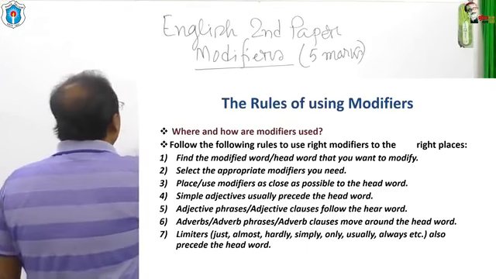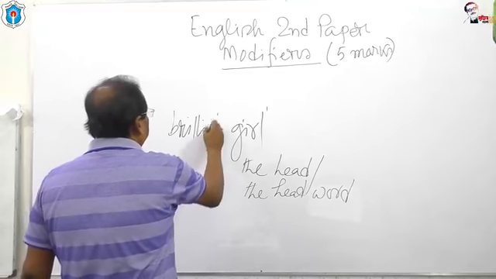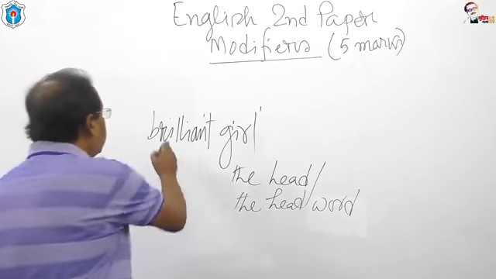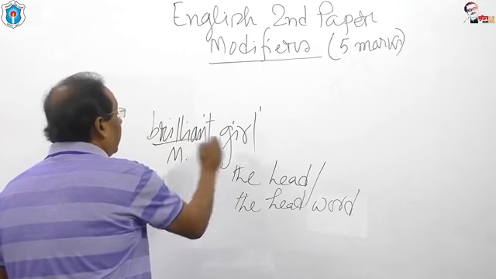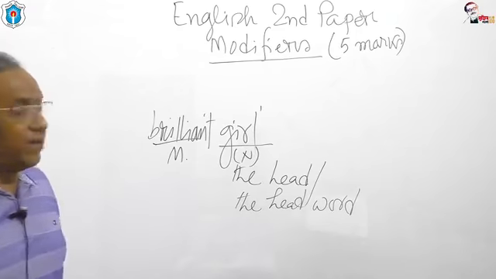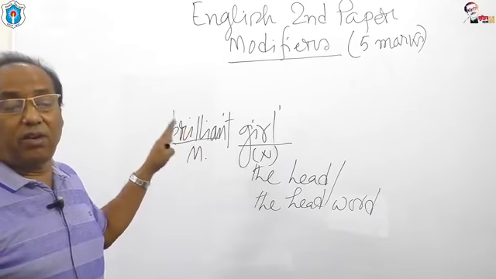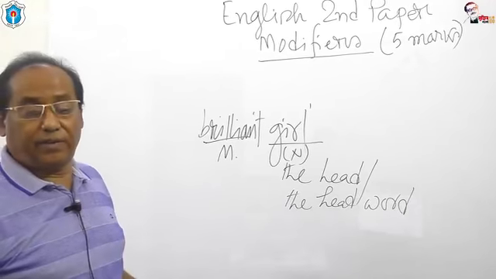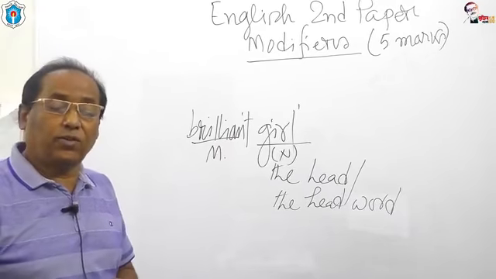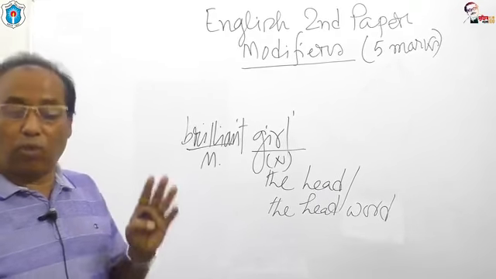So here we can use brilliant. Brilliant girl. So this is the modifier and this is the head word or the noun. So the second duty is to select your modifier and this is the modifier. You can also add some more modifiers if you want.